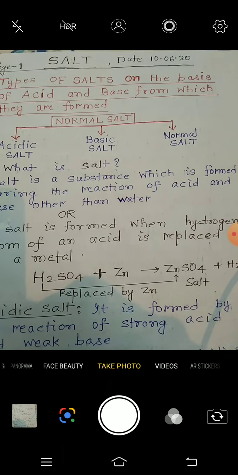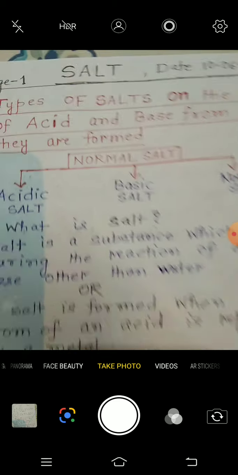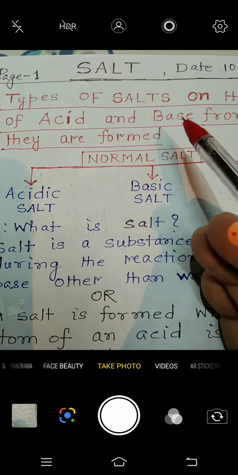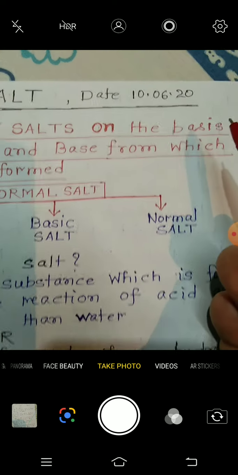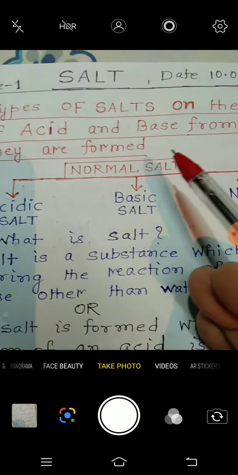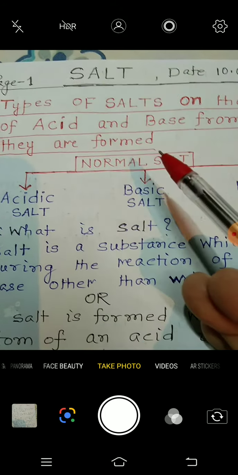Let us see here. Types of salt on the basis of acid and base from which they are formed.